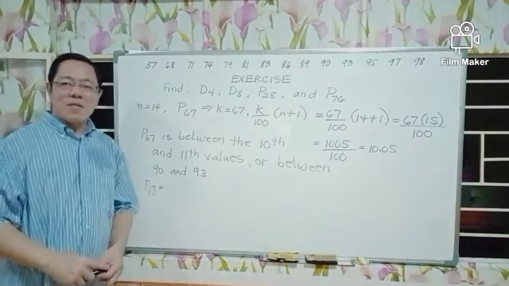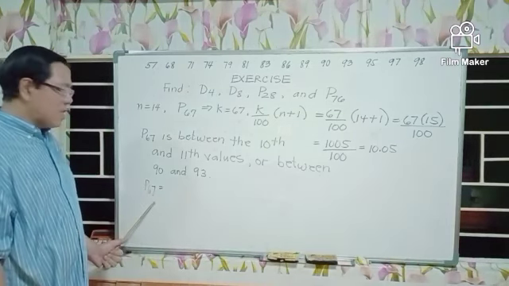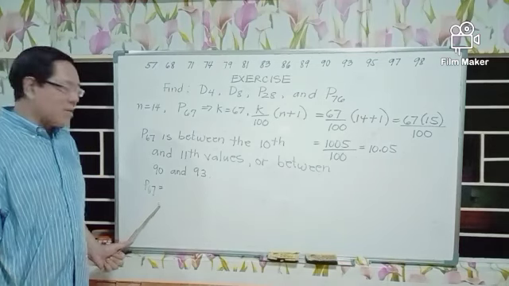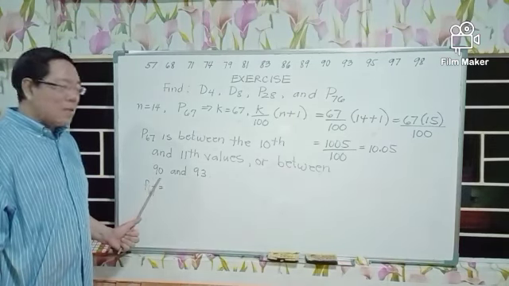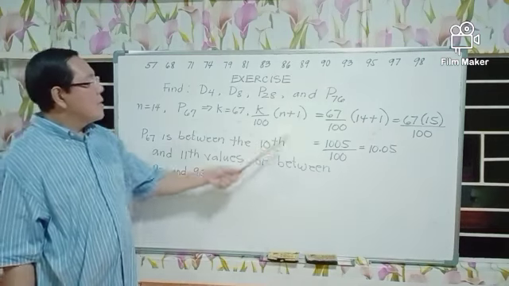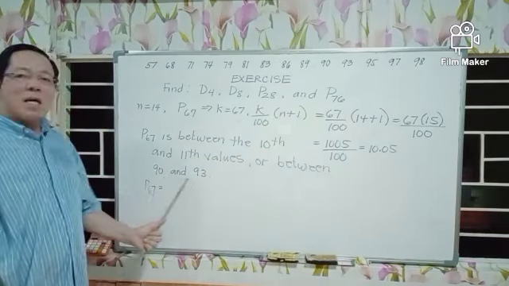And because the 67th percentile is between these two values, we are sure that the value of the 67th percentile is greater than 90. So to 90, we will add 67 over 100 of the distance between 90 and 93.